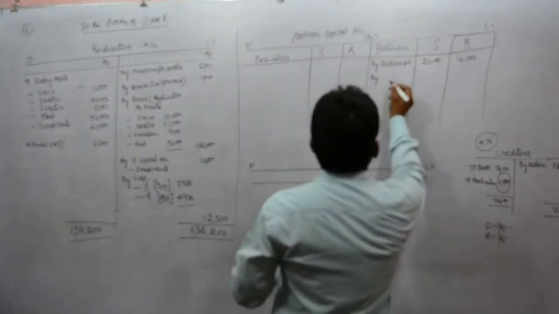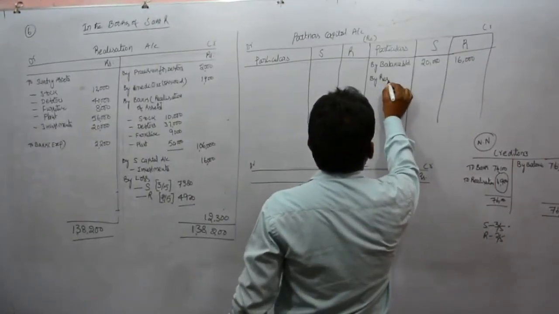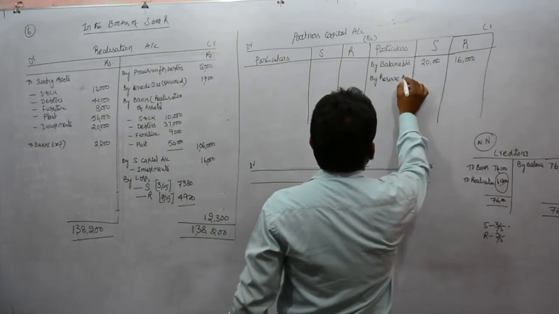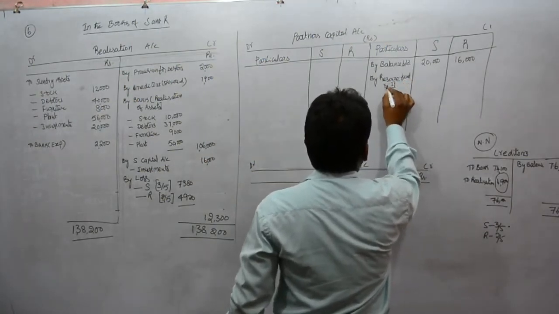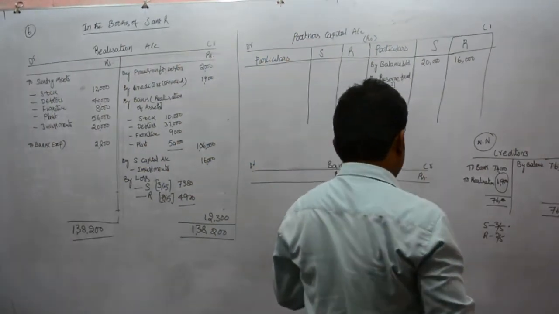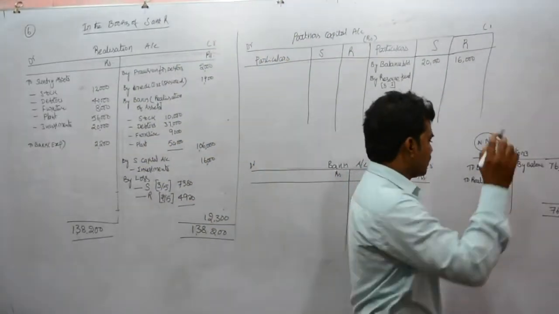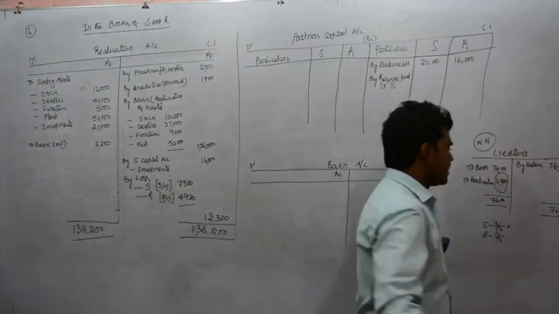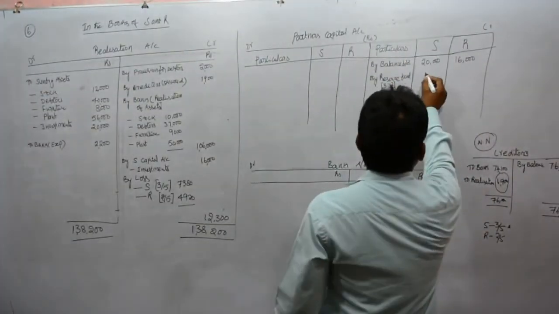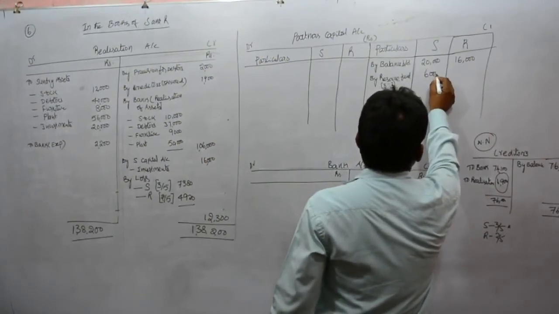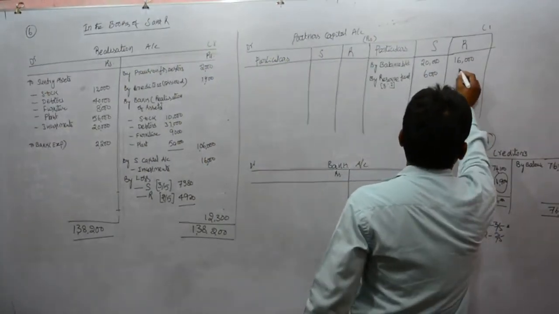Therefore, reserve fund, the ratio is 3:2. The amount is 10,000 rupees. So the 10,000 rupees should be in 3/5 and 2/5. Therefore, 3/5 that is 6,000, 2/5 that is 4,000.